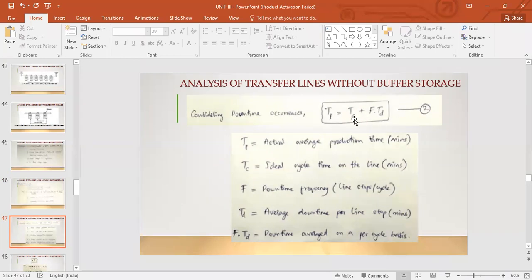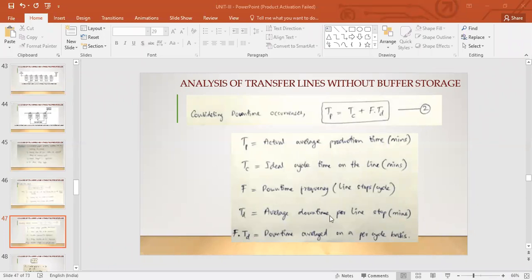TC is what we know, ideal cycle time on the line, we have already discussed. So TC in addition to F into TD.